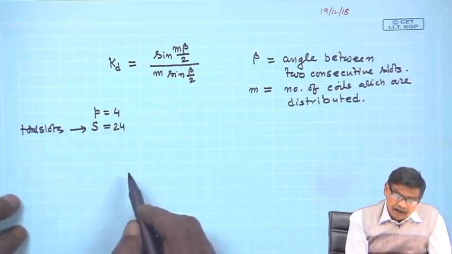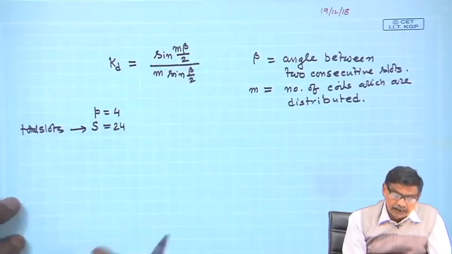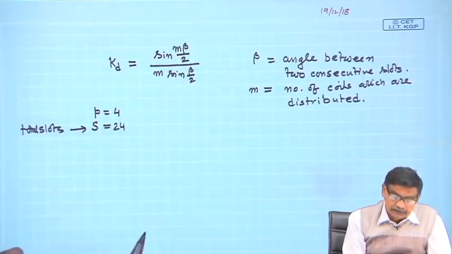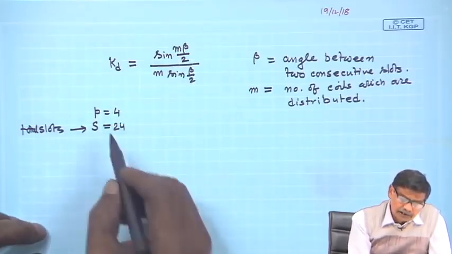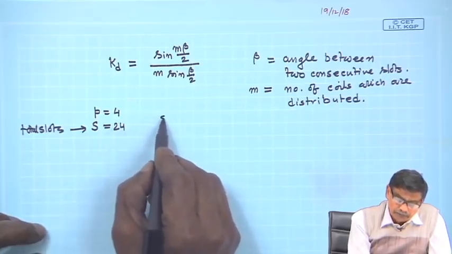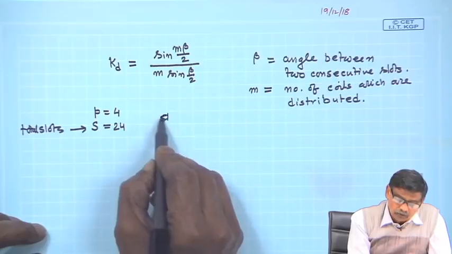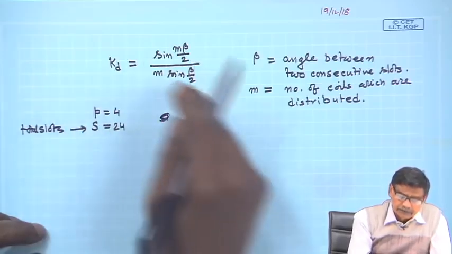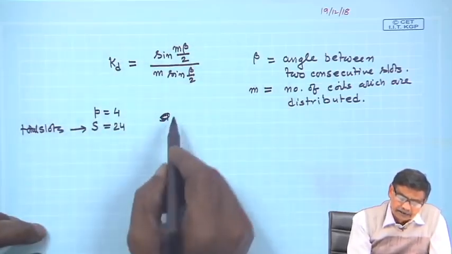Then how to calculate the slot angle beta? You can do it in several ways. One way is slots per pole, or 24 slots are there over 360 degrees mechanical.